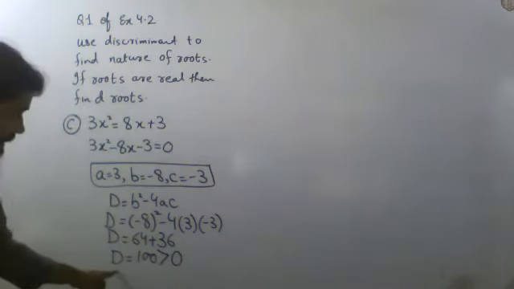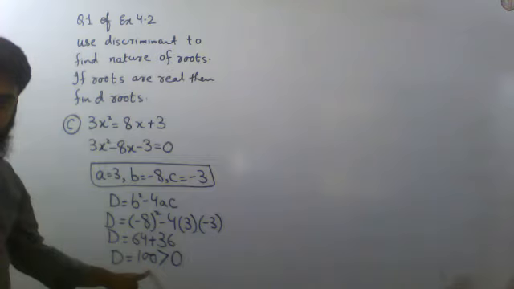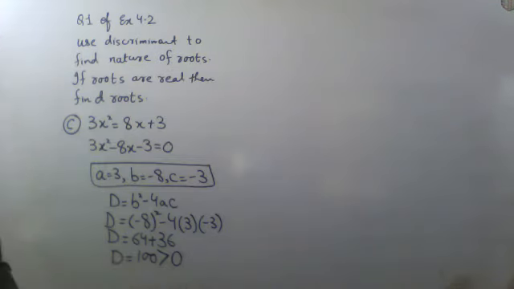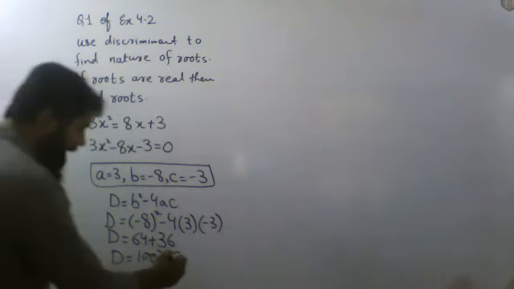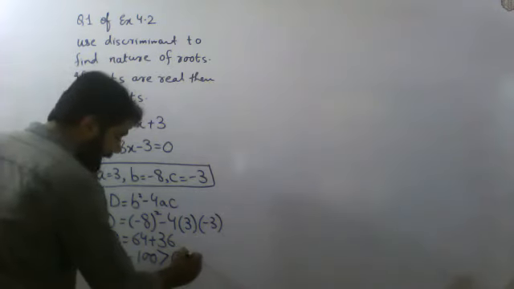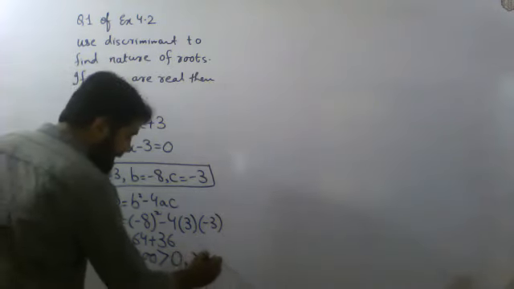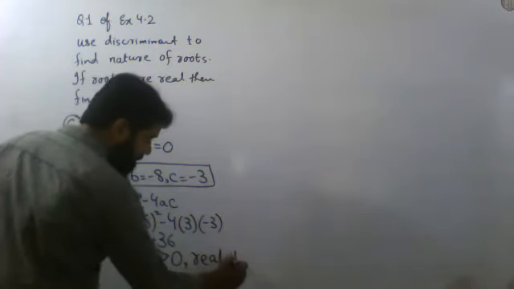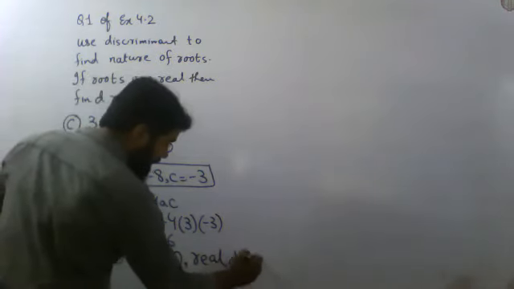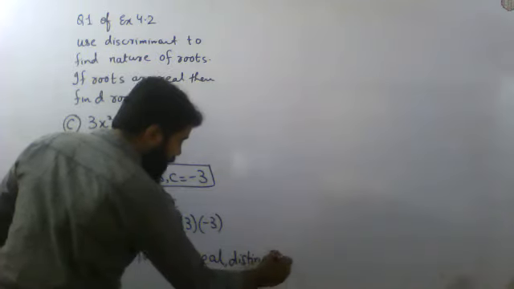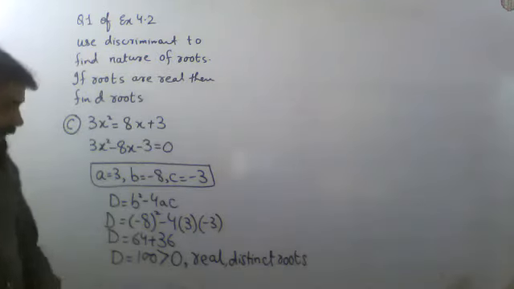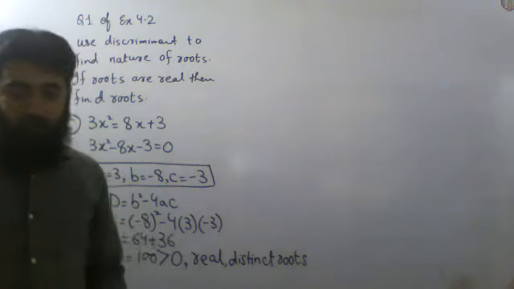When discriminant is greater than 0, in your book on page number 73, they have given us that it will have real, distinct roots.